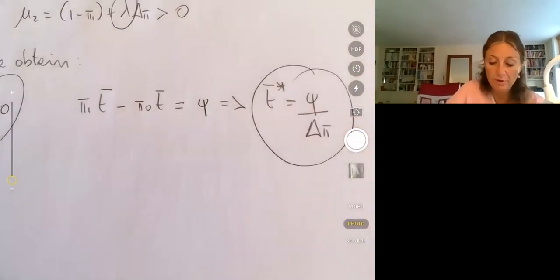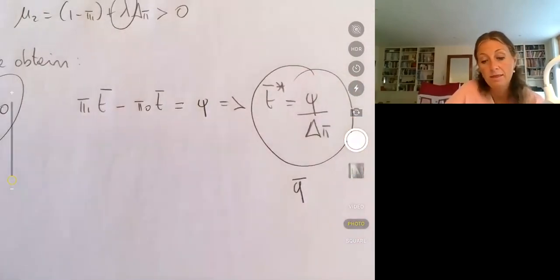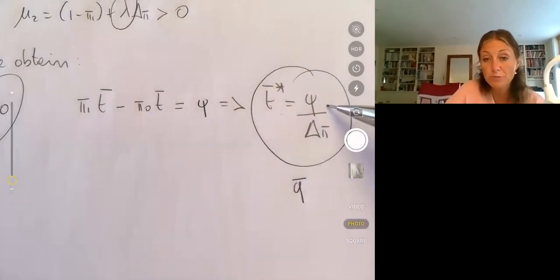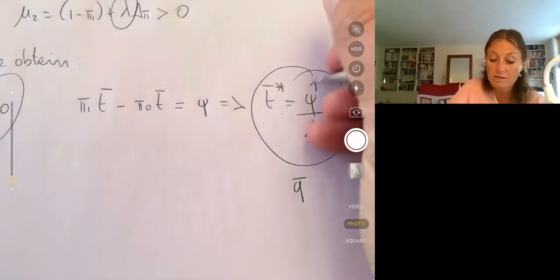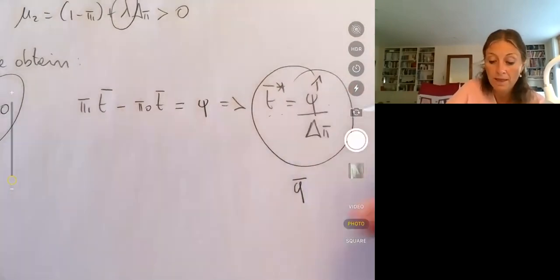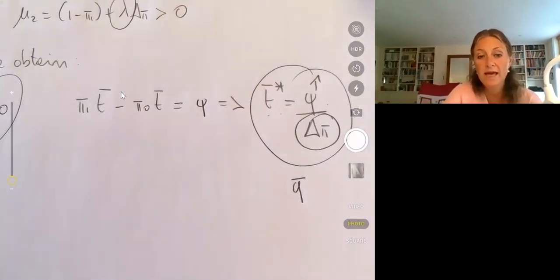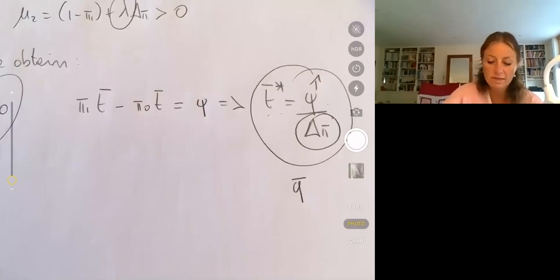In case of Q upper bar instead, the transfer that it should get is actually proportional to the level of disutility that it has had. So the higher the disutility, the higher will be T, and also inversely related to how much effort he has exerted. So this is what this reward schedule would say.